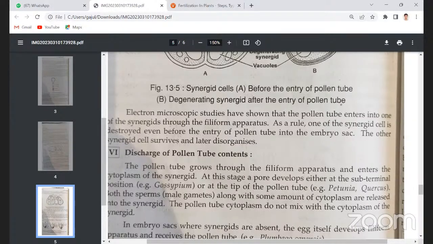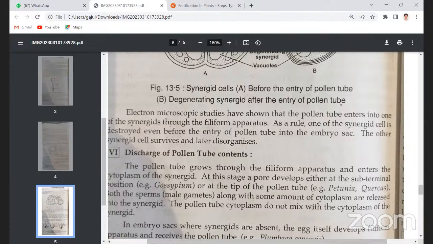At this stage, a pore develops either at a subterminal position, as seen in Gossypium, or at the tip of the pollen tube, for example in Zea and Petunia.